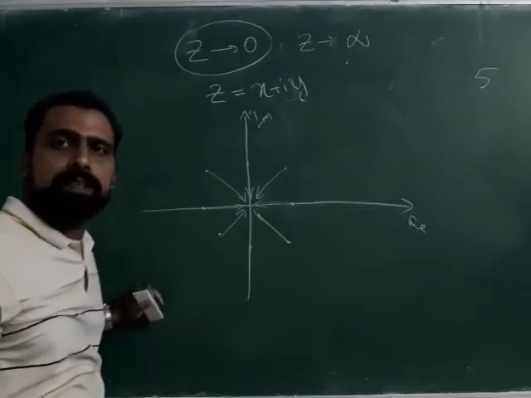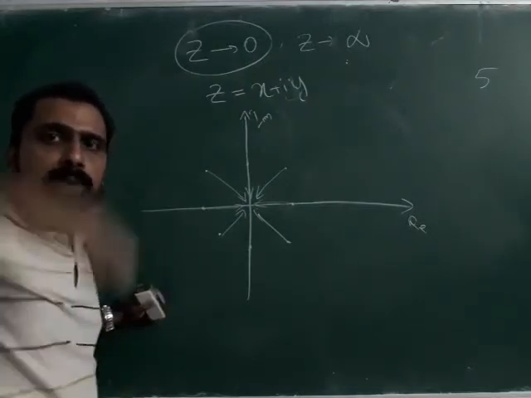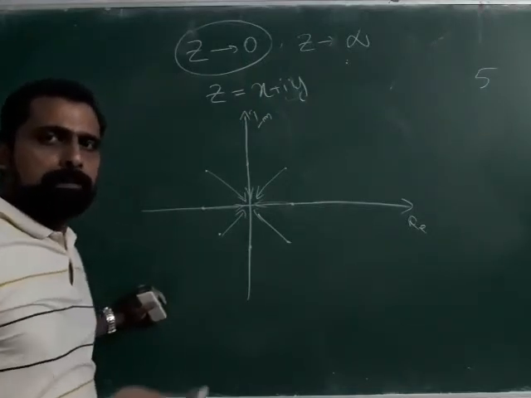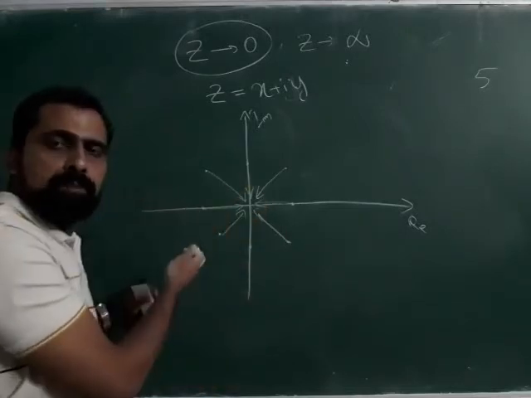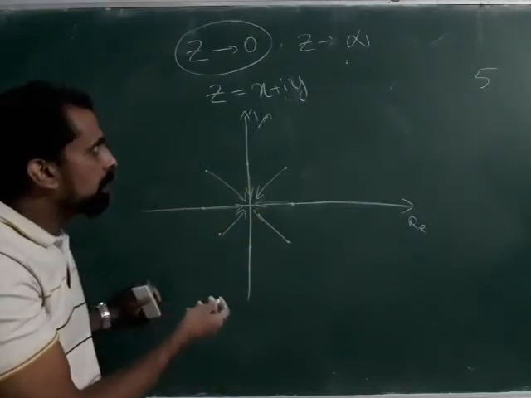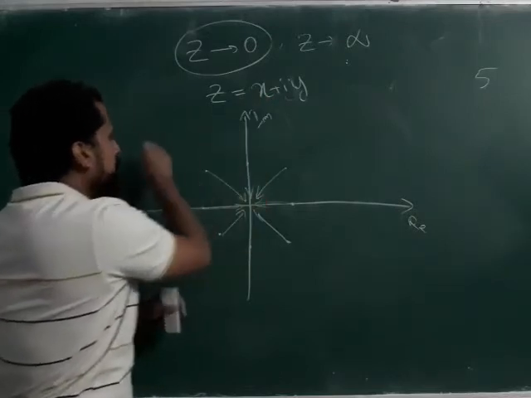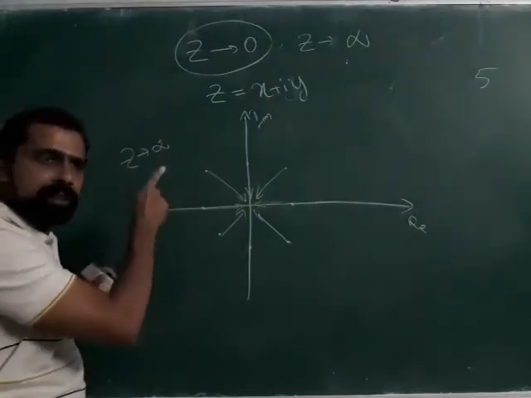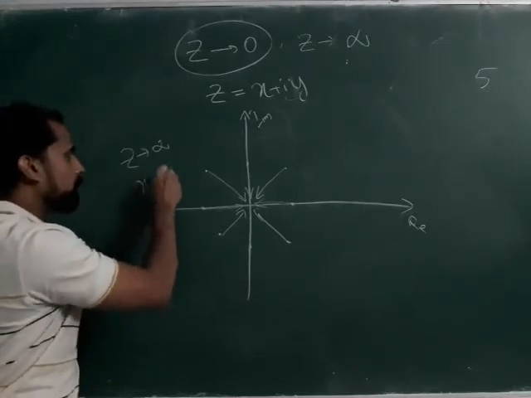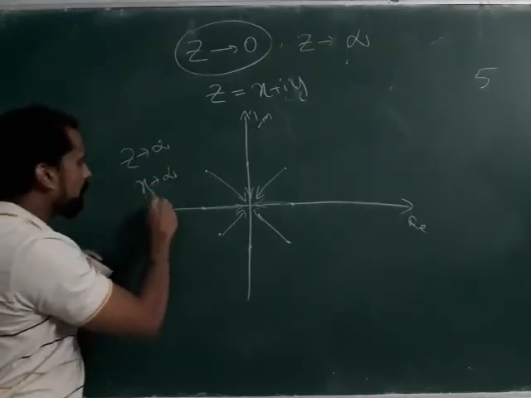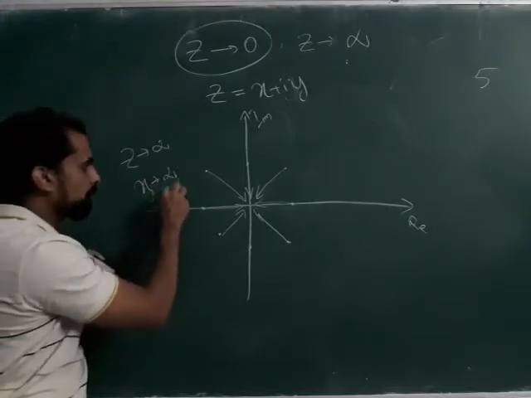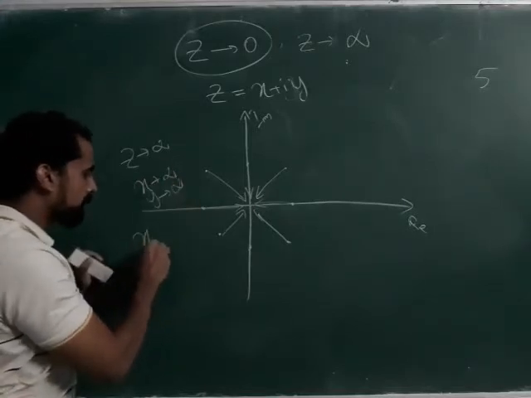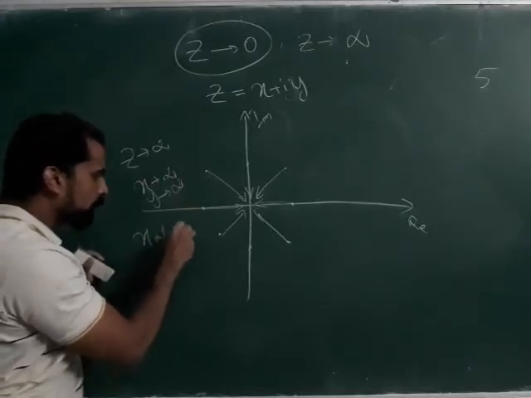And what about the z tending to infinity? That becomes more complex than this. Okay? Because z tending to infinity, it may go to infinity if x goes to infinity, or y goes to infinity, or x and y both go to infinity.